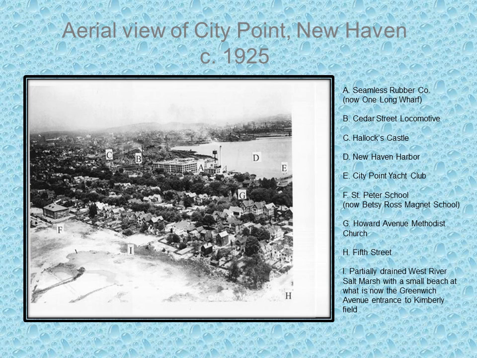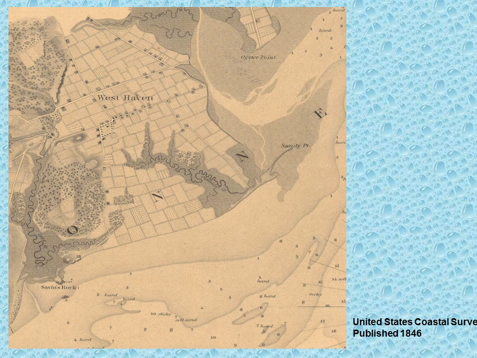But it's very different today if you look at the coast of New Haven. So you have West Haven there. There's Oyster Point there. The harbor of New Haven is just beyond that sandy point there. So from that letter E all the way in. And you can see where Savin Rock is. You can see the small rivers coming down.